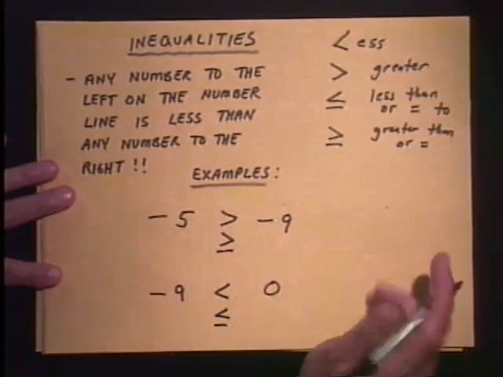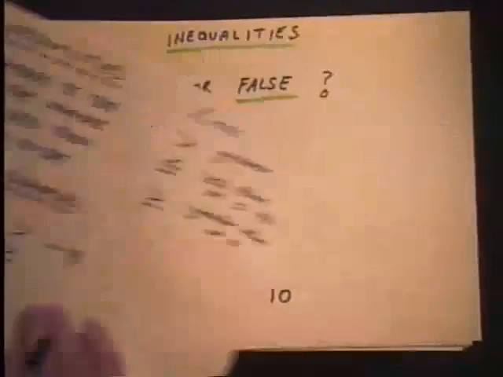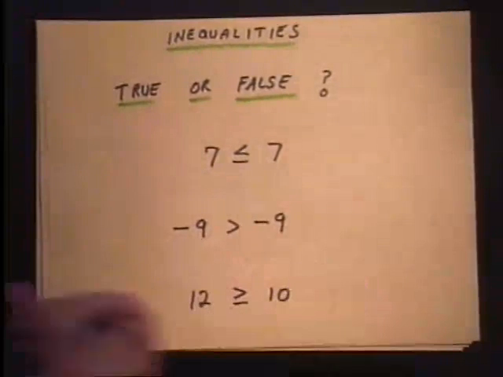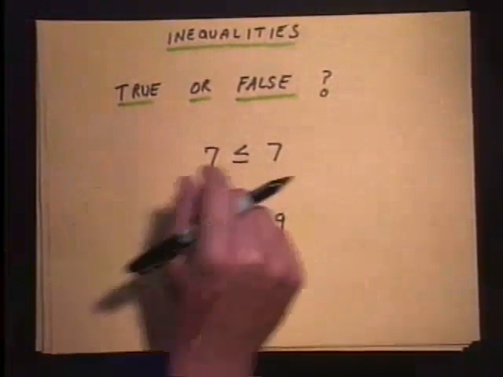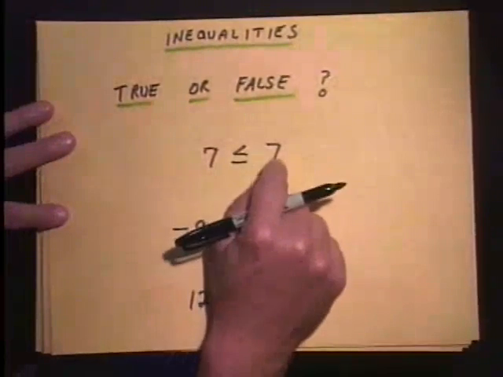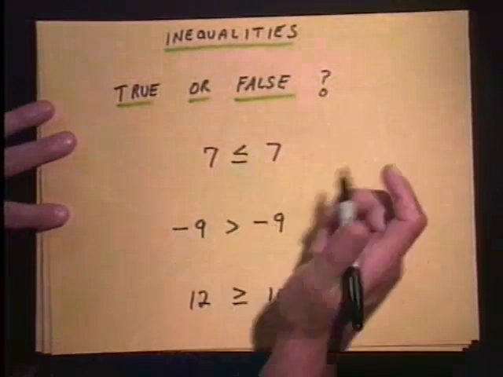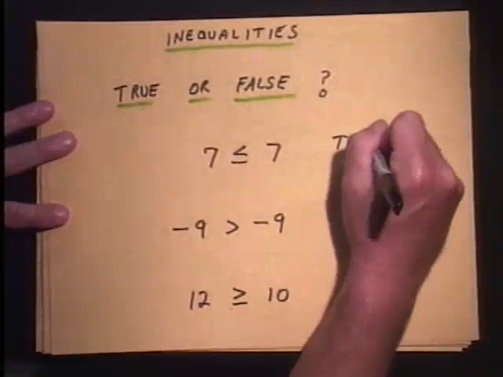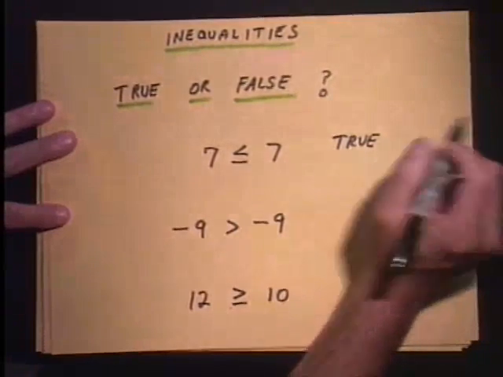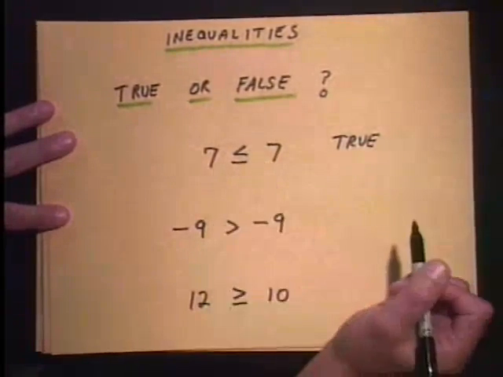All right, so now we're playing the inequality game. Let's play some true-false. True or false? 7 is less than or equal to 7. Well, it's not less than itself, but it is equal, so in this case we would write true. 7 is equal to 7, so that connector works.